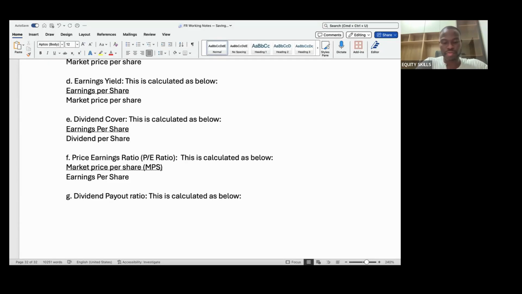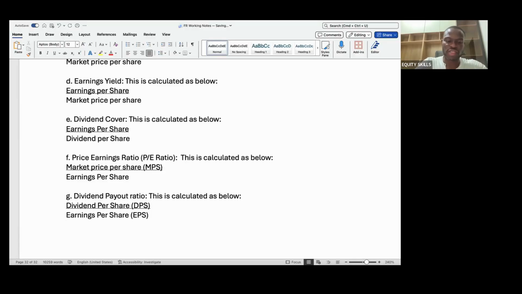It is dividend per share, which is your DPS, all upon your earnings per share, which is your EPS. So that's your dividend payout ratio, the proportion of your earnings that is paid out as dividend.